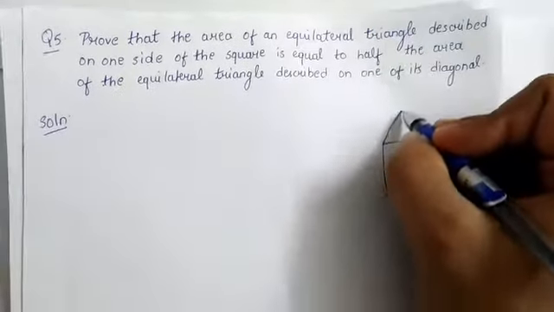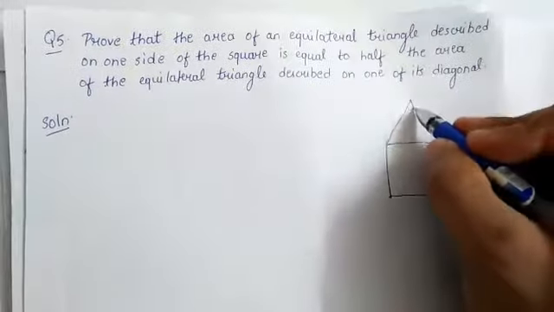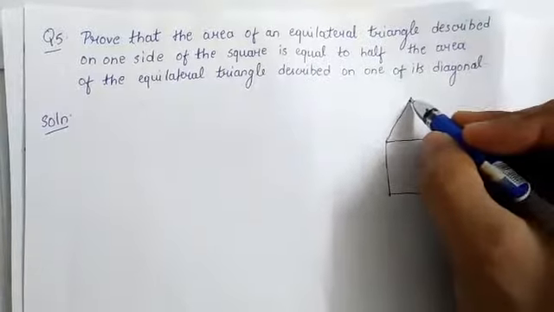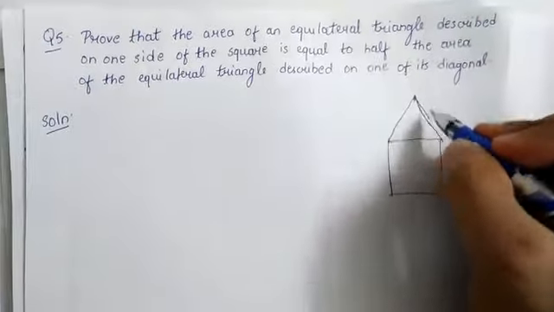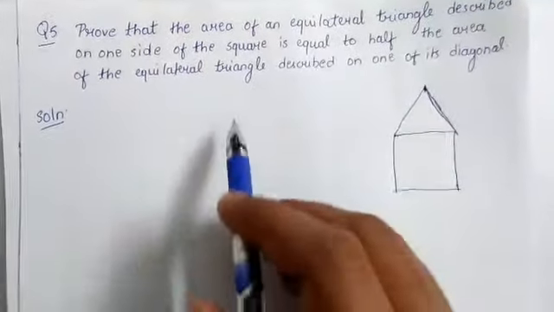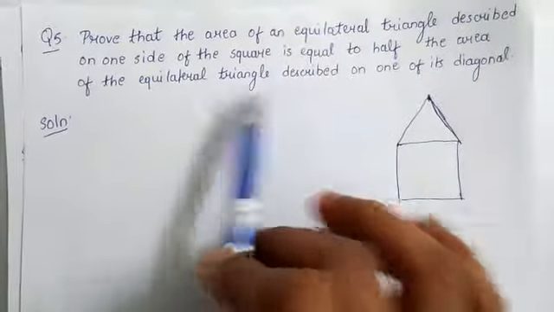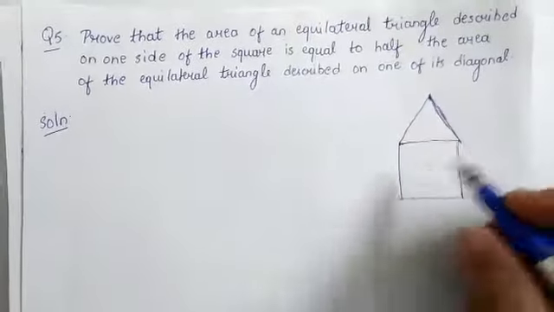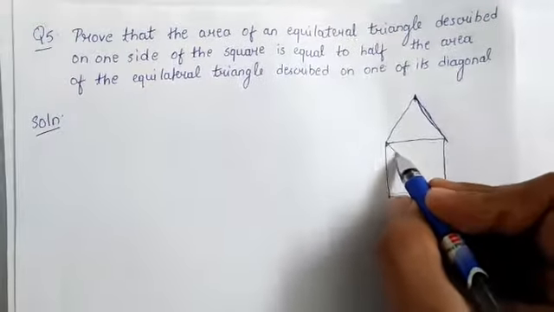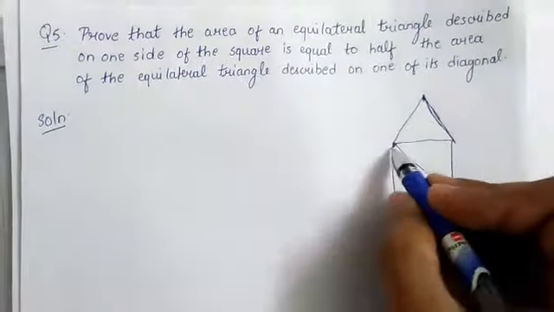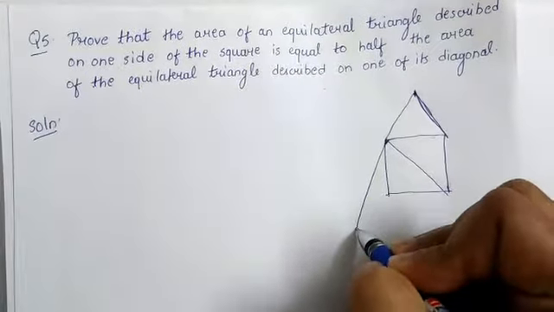There is one equilateral triangle described on this. That should be a straight line. And on one of its diagonals, let's say this is the diagonal, there is one more equilateral triangle.